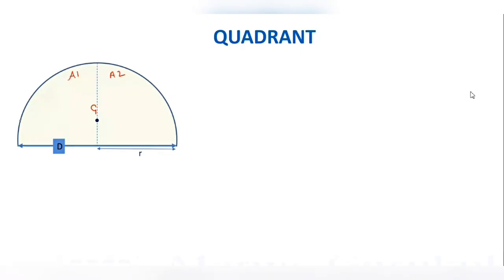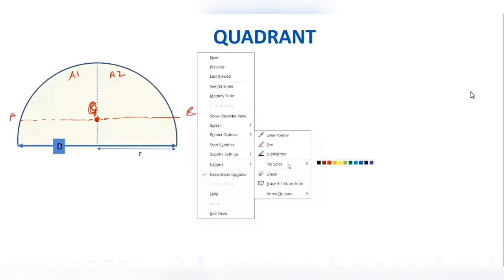Do you agree that the geometric center of A1 and A2 would be on this line somewhere? Then only the combined geometric center would come here. The geometric center of A1 and A2 have to be on this line, let us say AB, for the geometric center of the combined area to be at G on this line.